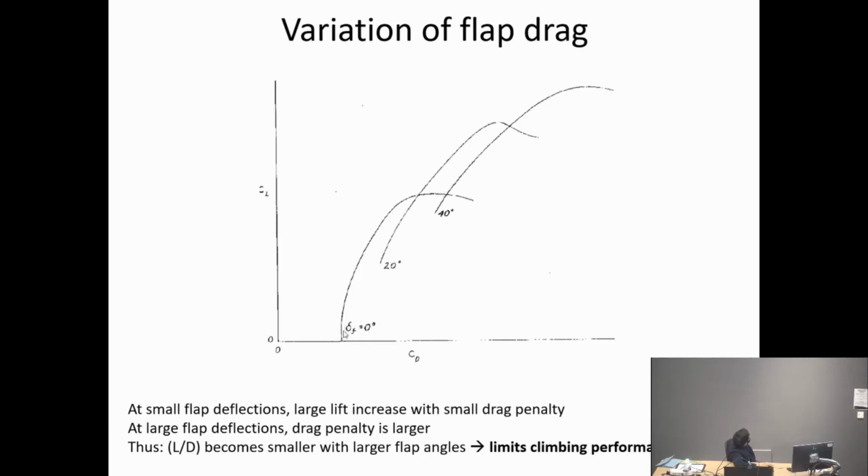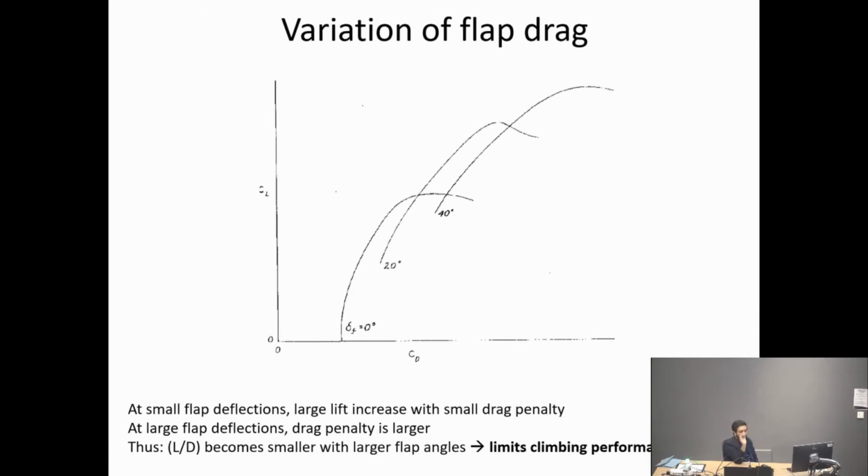So anyway, we're showing you the curve for the drag for different deflection angles from 0, so that means nothing is operated, but you still obviously have the drag curve, to 20 and 40. What you will see typically on aircraft is if we use small deflection angles, you will get a lot of increase in lift with a small increase in drag, which is still okay.